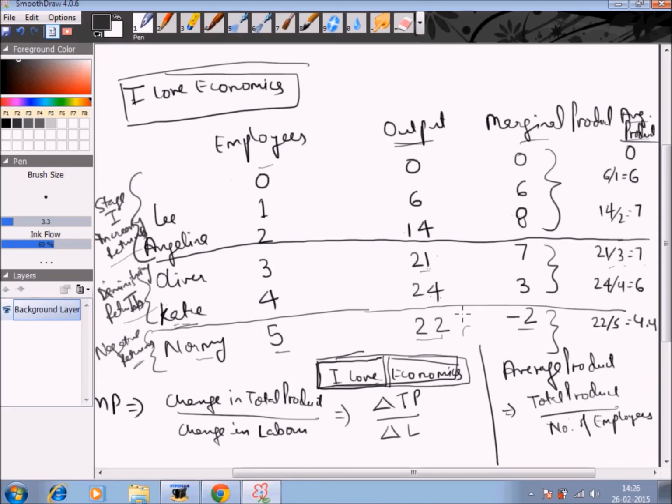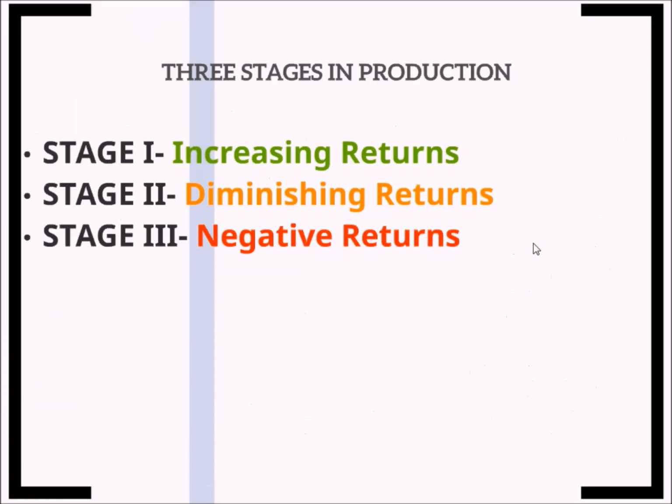And as soon as the marginal productivity becomes negative, the total productivity starts going down. So we call it the stage of negative returns. So here we see increasing returns, stage 1, when the marginal productivity was increasing, stage 2 when the marginal productivity starts decreasing, and stage 3 when the marginal productivity becomes negative because the total productivity starts decreasing.